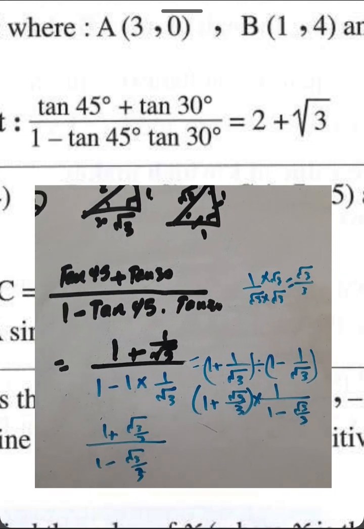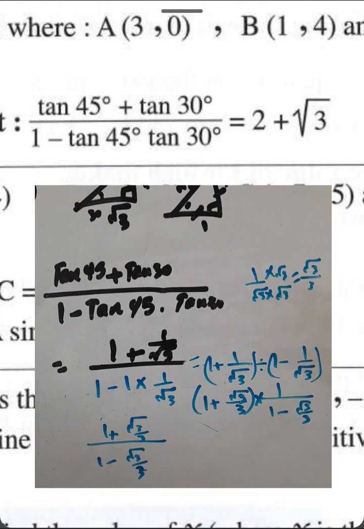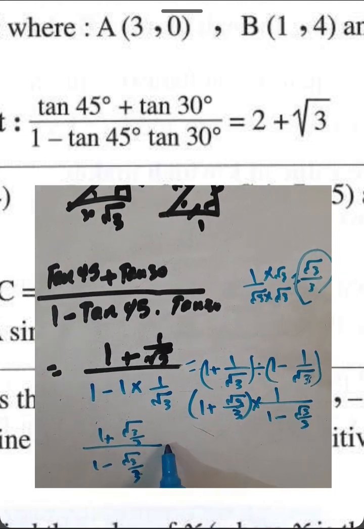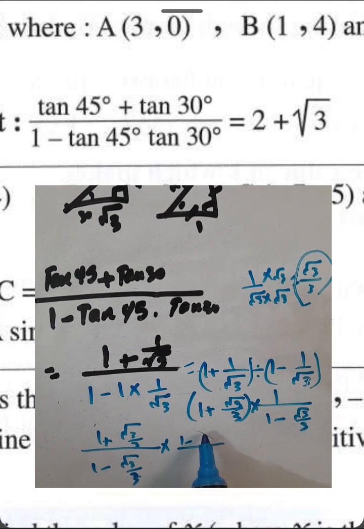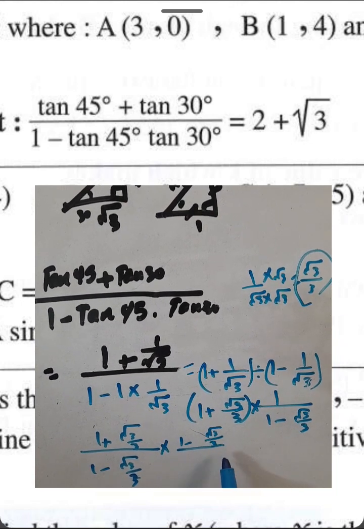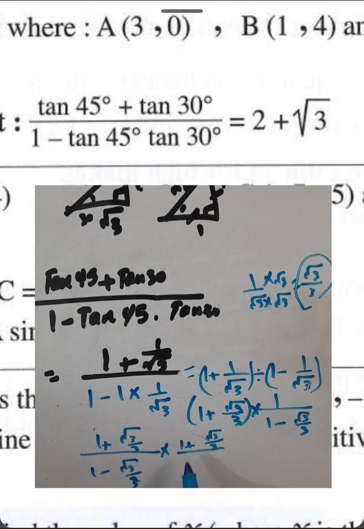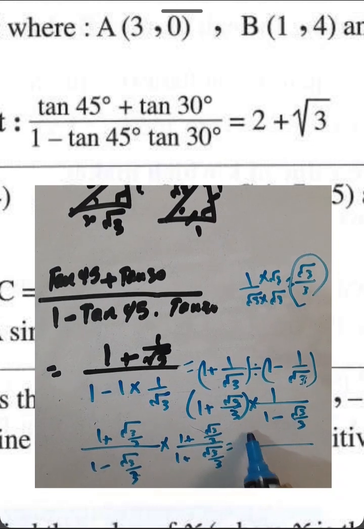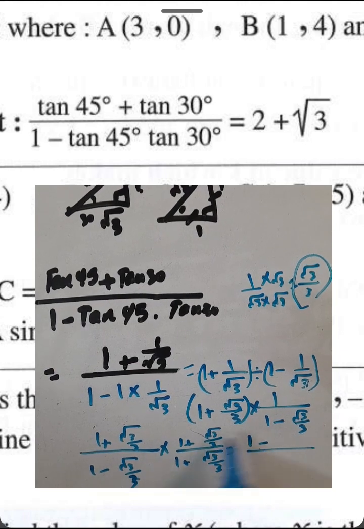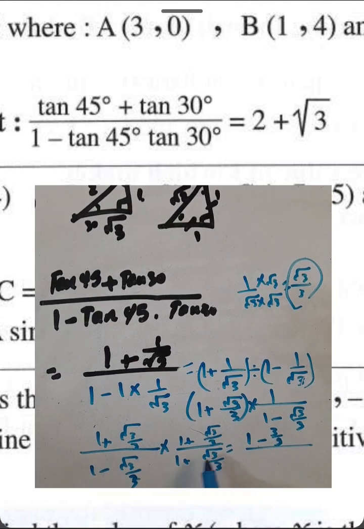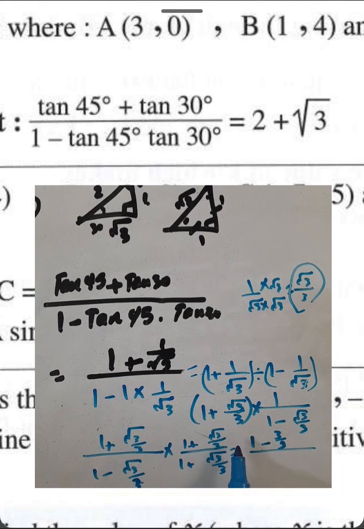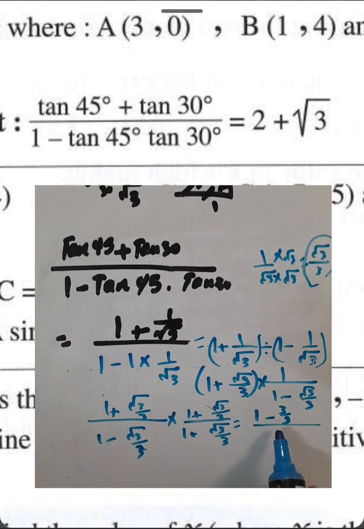Okay, we convert to root 3 over 3. Then you can simplify and find the result by multiplying by the conjugate, positive in the numerator and positive here. Root 3 over 3 squared, it will be 1 subtract 3 over 9, 1 by 1 and second by second, and then write negative here.